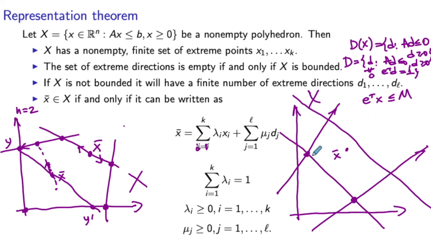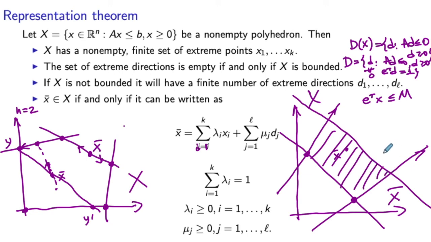Alright, so all of the extreme points of the original set X satisfy this constraint, and now we have this modified set X bar. So this will be this polyhedral set right here.